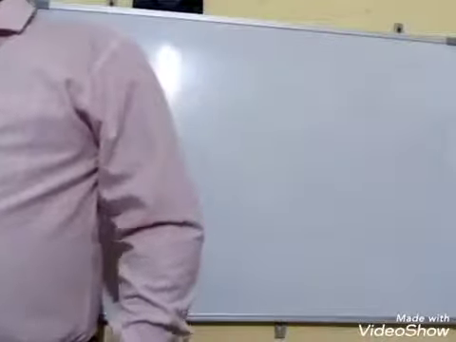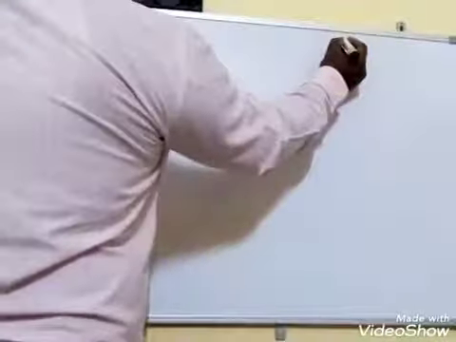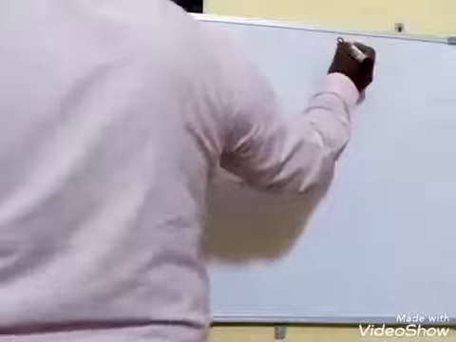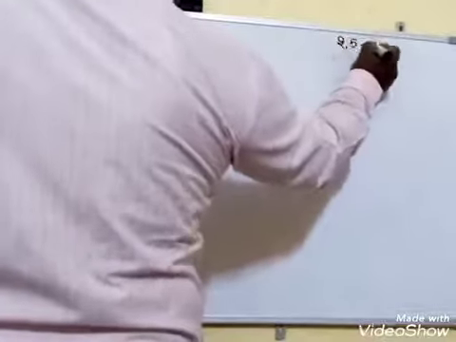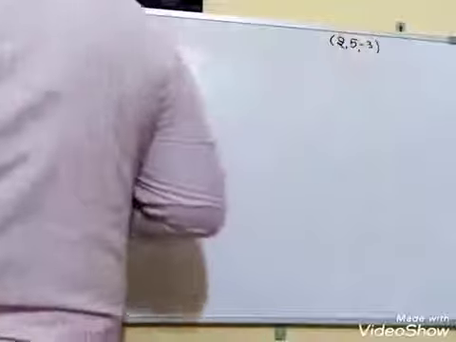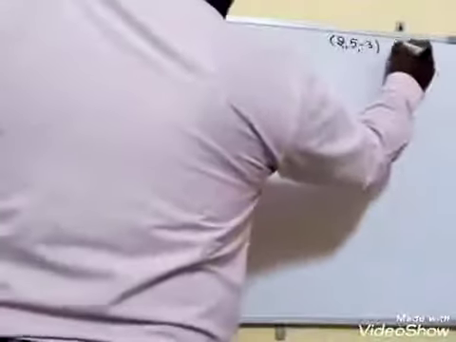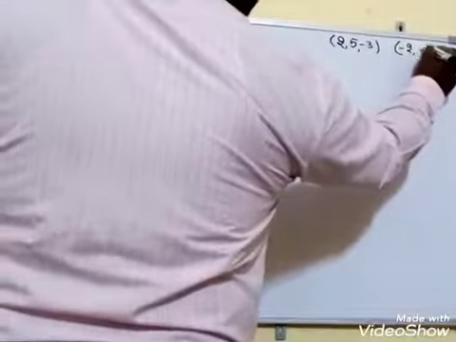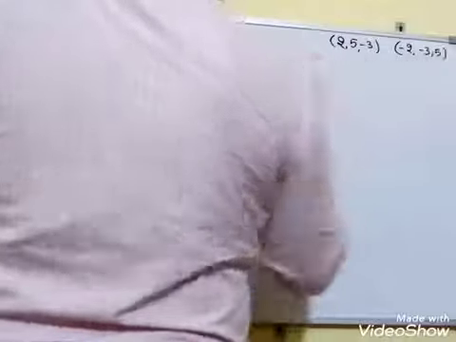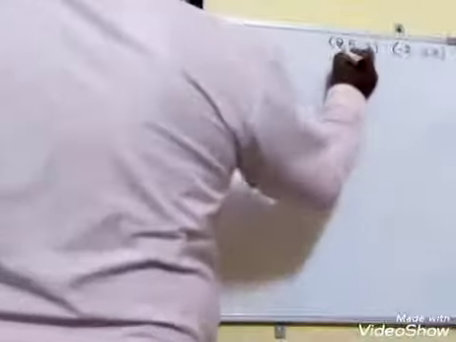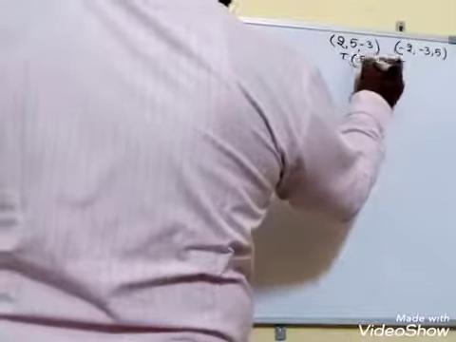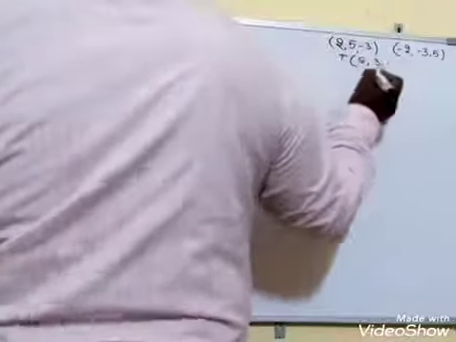Now, here, find the equation of the plane passing through 3 non-collinear points. Observe the given non-collinear points: R (2, 5, minus 3), S (minus 2, minus 3, 5), and T (5, 3, minus 3).